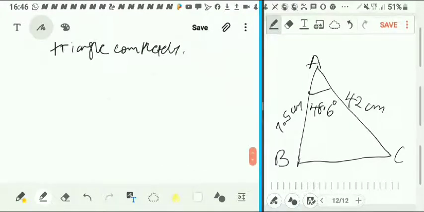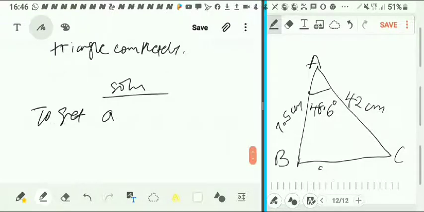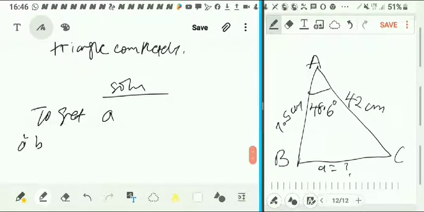You still need to use your cosine rule first. You can see two sides given and the included angle given. Let's get side a first. We use a squared equals b squared plus c squared minus 2bc cos A.